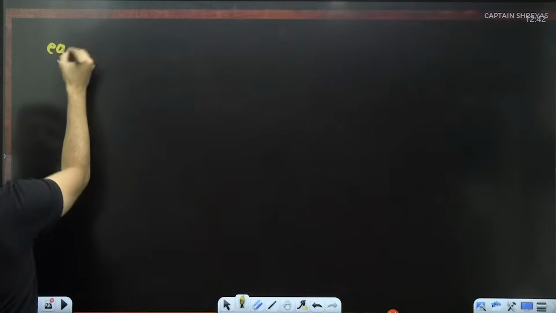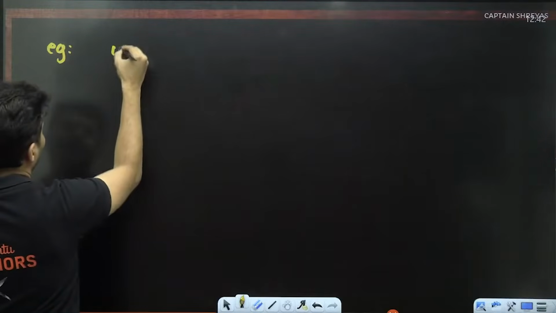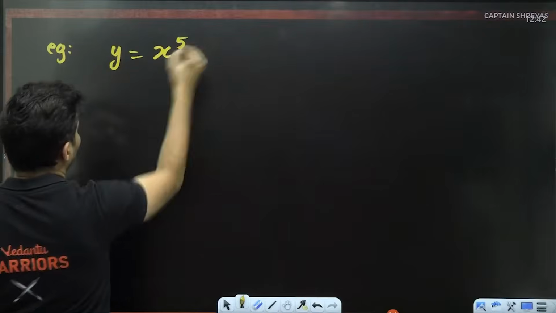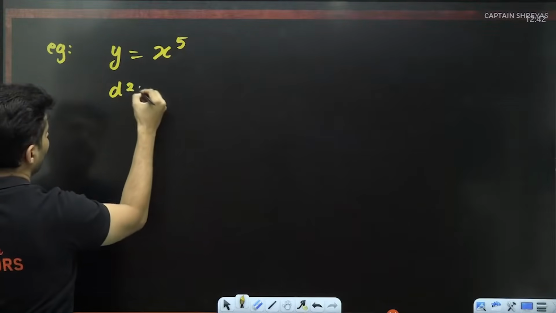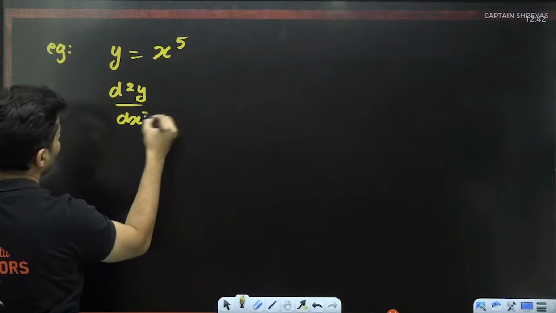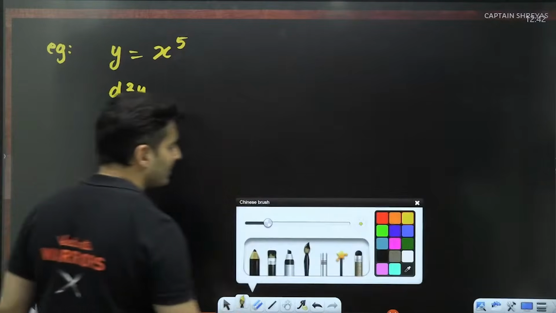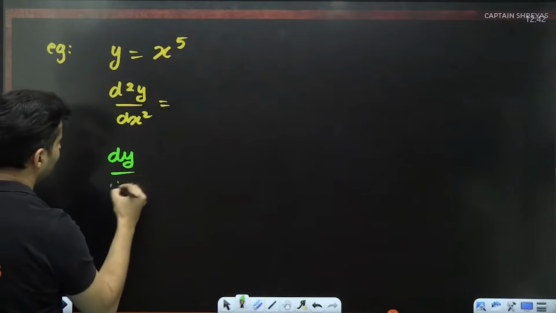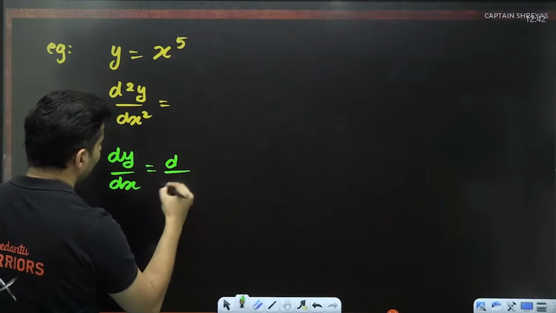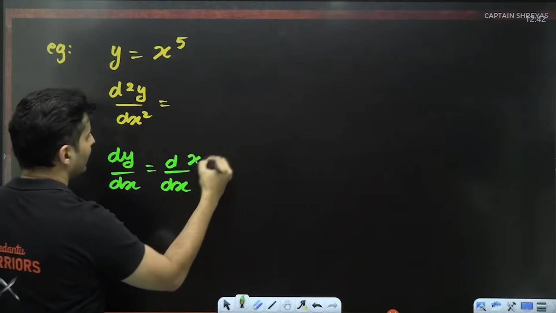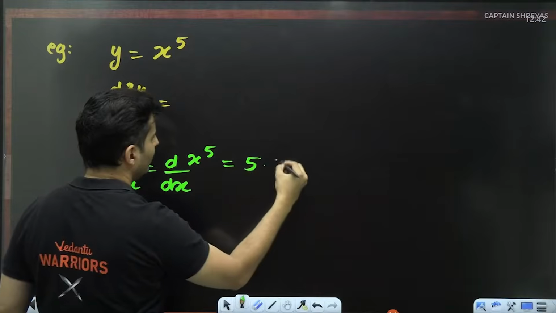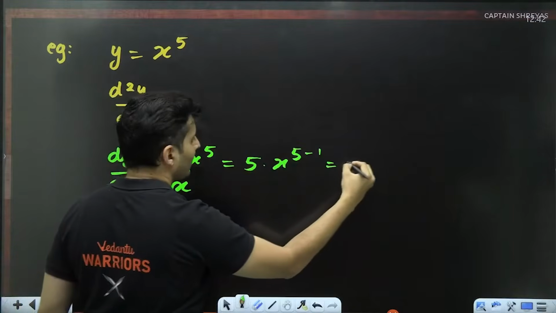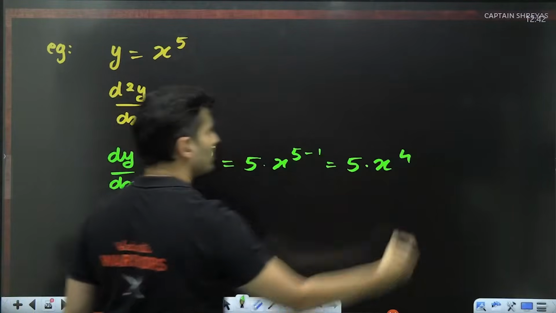Another example of second or third order derivative. Imagine the question is, y is equal to x raised to 5. Find d square y by dx square. So first things first, let's find dy by dx. dy by dx is nothing but the first derivative of x raised to 5, which is 5 into x raised to 5 minus 1, which is 5 into x raised to 4.